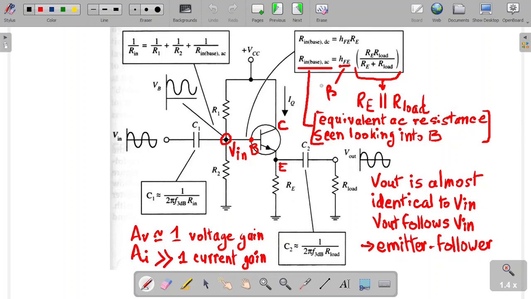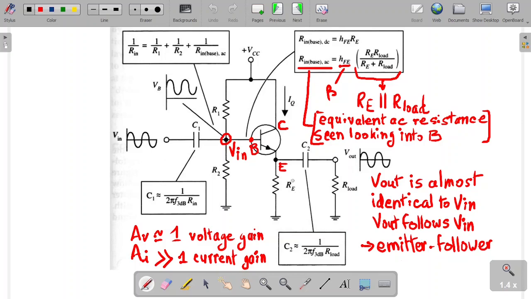Okay, so there's a resistance that's important. This is the Rin base AC, the equivalent AC resistance that you see looking into the base. If you look into the base, this path towards ground, this is that resistance, and we need it to compute the Rin.